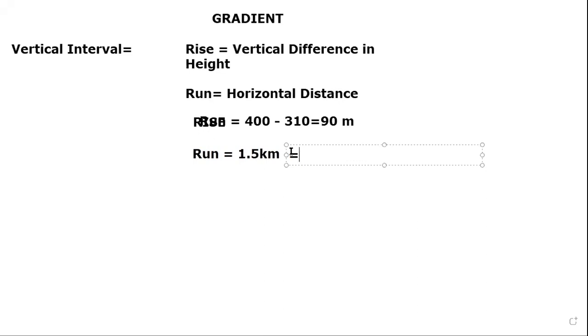What is 1.5 kilometers in meters? Because you have to work in one unit. Converting 1.5, 1500. Very good. So this is 1500 meters. Now you can continue to work the rest of the question.